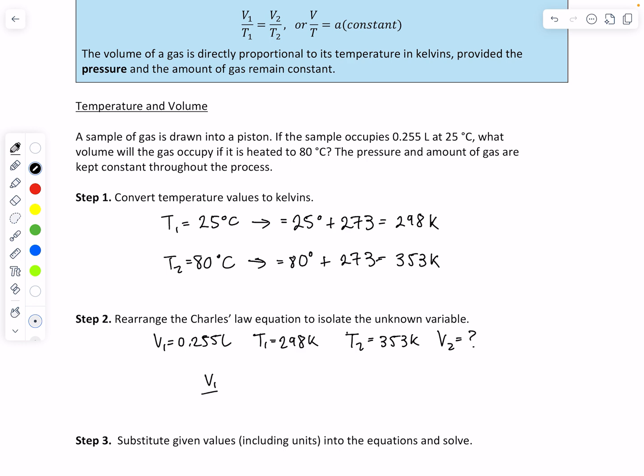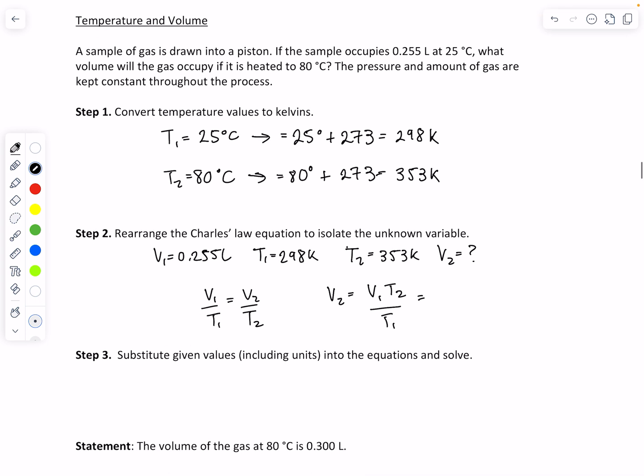Charles' law states that V1 over T1 equals V2 over T2, and we need to solve for V2. We're going to multiply both sides by T2. They will cancel out, and we are left with V2 equals V1 T2 over T1. Let's sub in our values and determine the final volume.